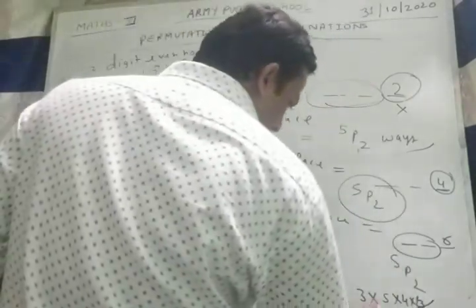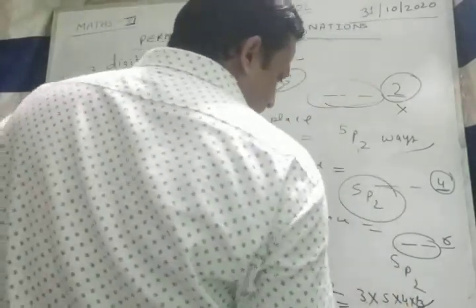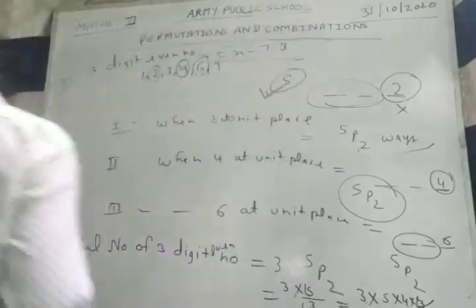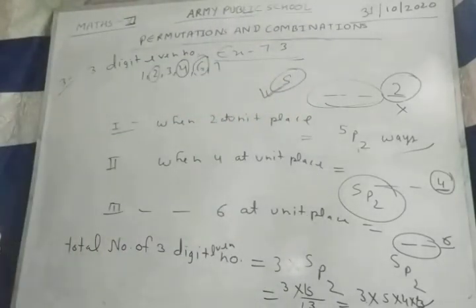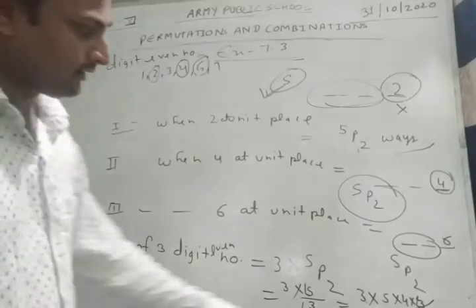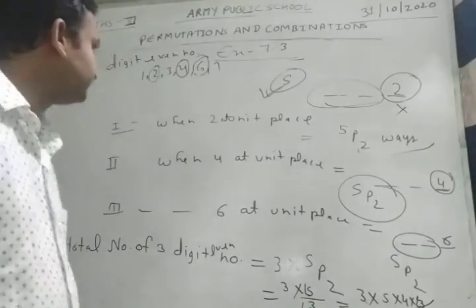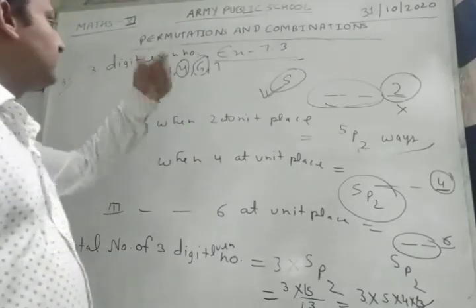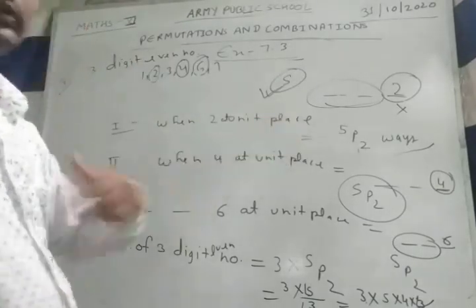We write 3 4s are 12, 12 5s are 60. So the total number of 3-digit even numbers is 60. Okay.